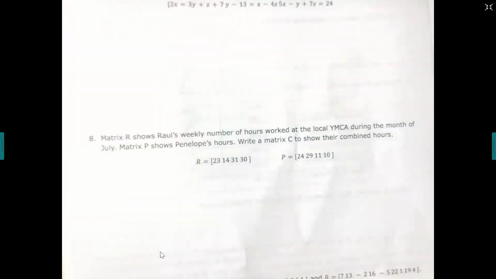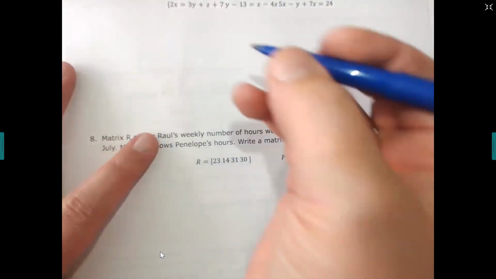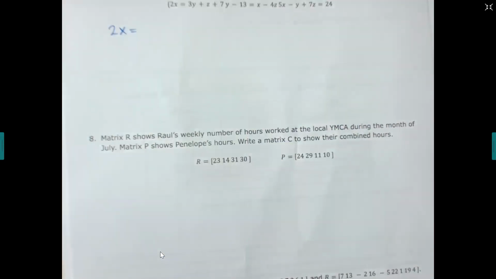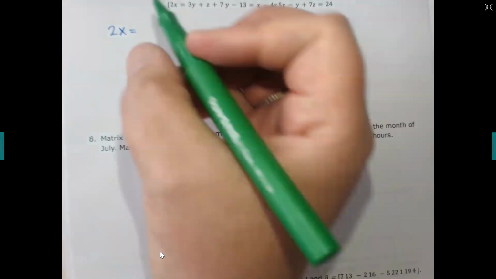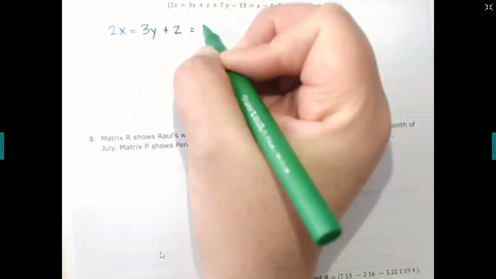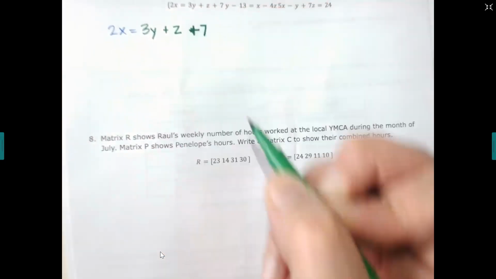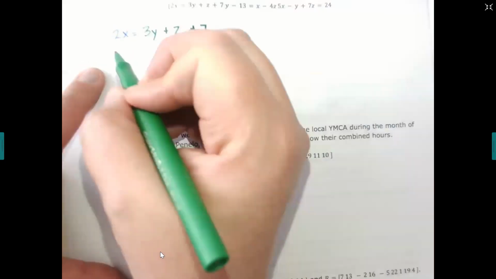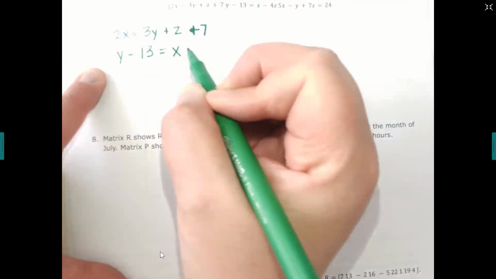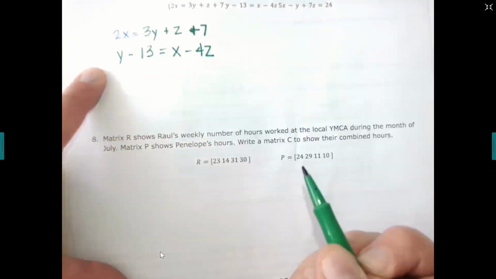So, number 7, this is what it should say. 2x equals 3y plus z plus 7. Then y minus 13 equals x minus 4z.